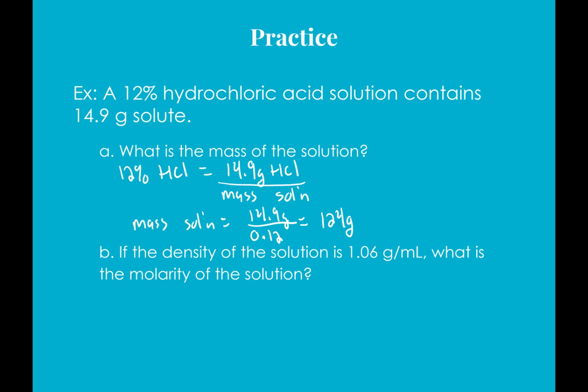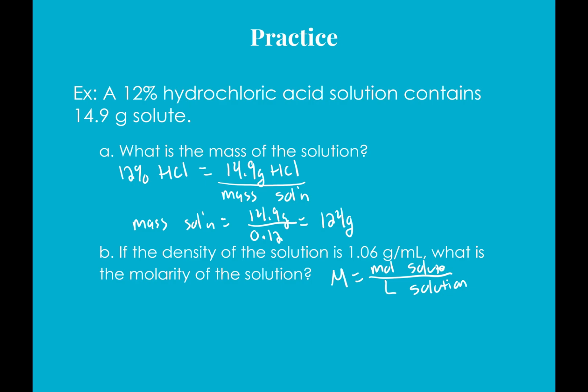So then in part B, we're asked if the density of the solution is 1.06 grams per milliliter, what is the molarity of the solution? So with these types of problems, it's always good to just lay out, well, what are you being asked to find? We're being asked to find the molarity, and molarity is moles of solute over liters of the solution. So if we're going to answer this question, we need two parts. We need to know the moles of the solute and the volume of the solution.